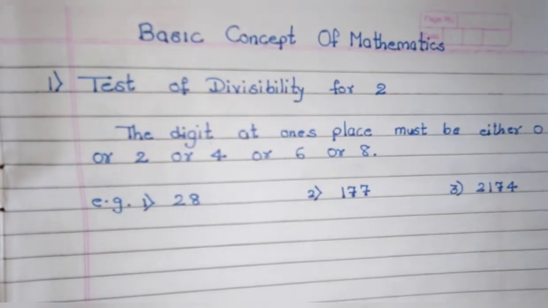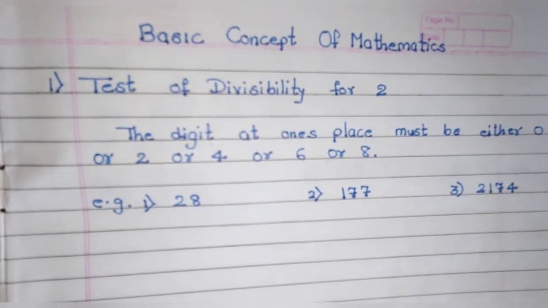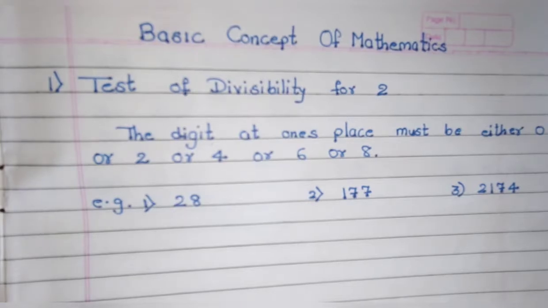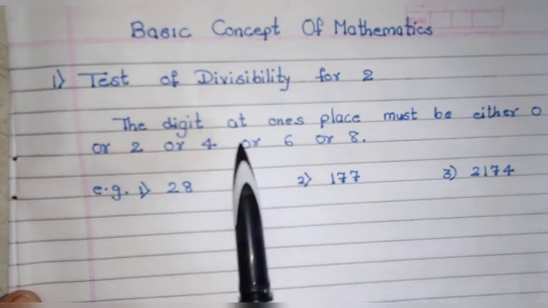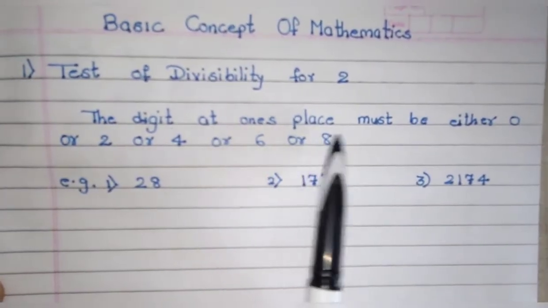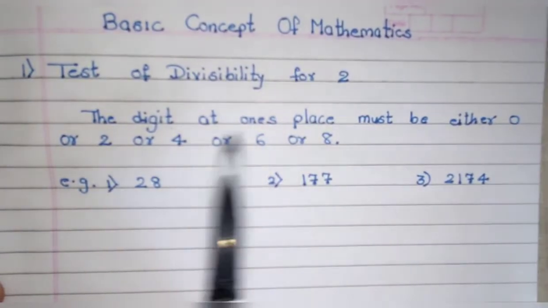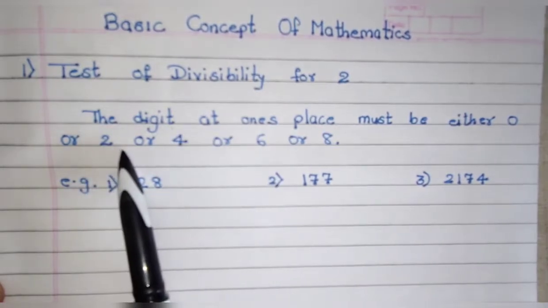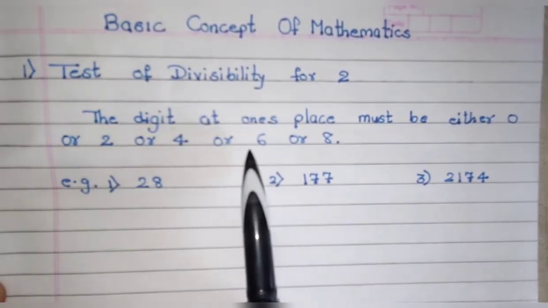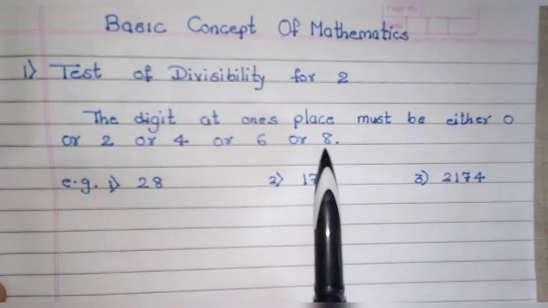So let us begin with basic concepts of maths, beginning with test of divisibility by 2. Now, if you want to check whether the given number is divisible by 2 or not, the condition is this, that the digit at one's place must be either 0 or 2 or 4 or 6 or 8.